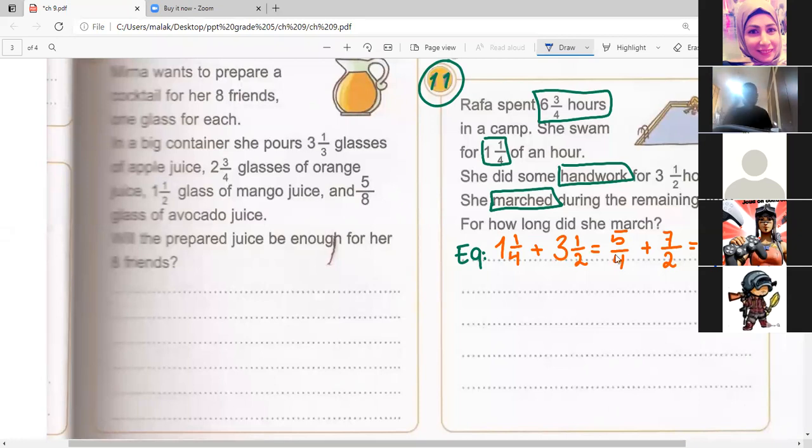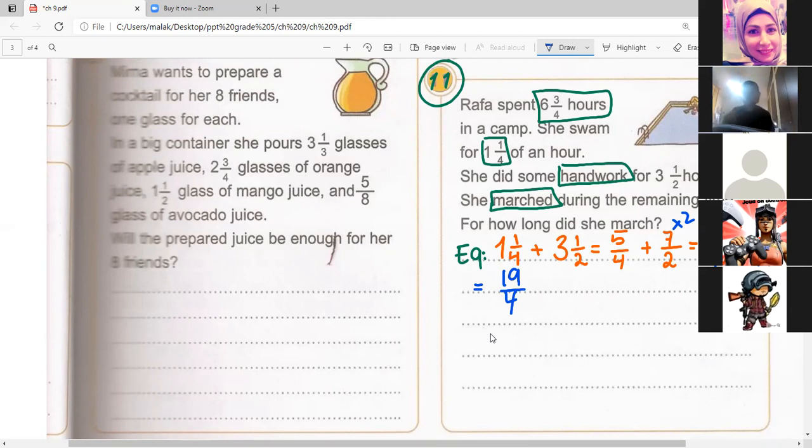The first fraction I will keep the same. The second one, 2 becomes 4. 7 times 2 equals 14. 5 plus 14 is 19 over 4. Thank you, Muhammad. Bravo. Excellent.